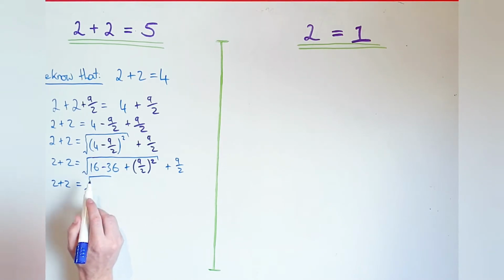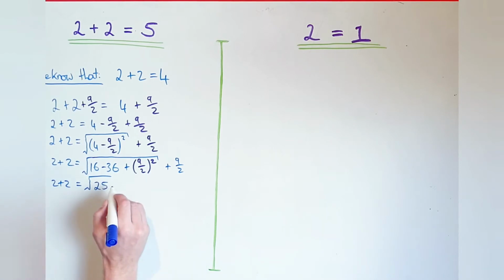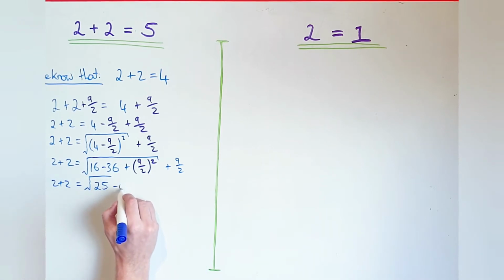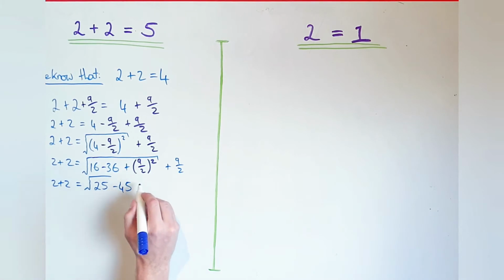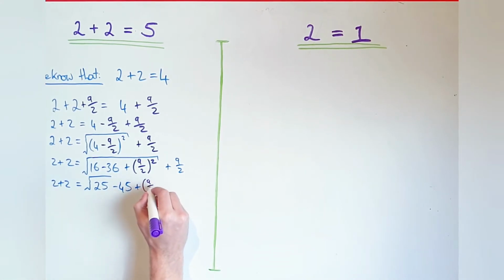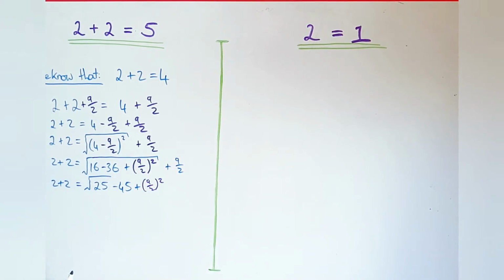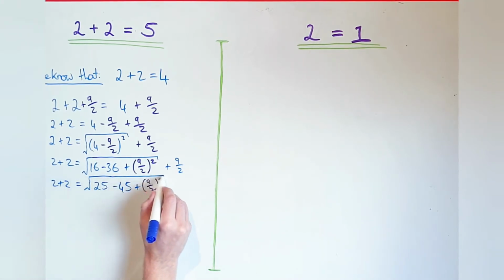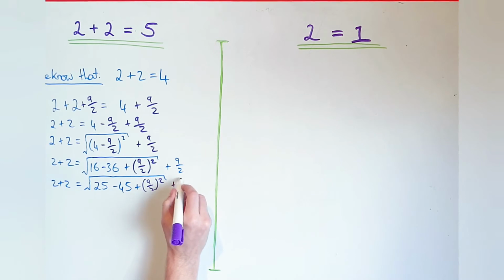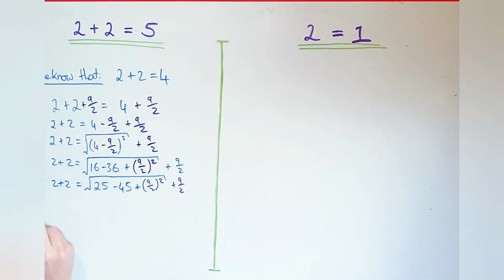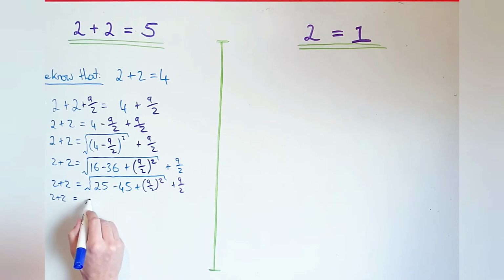What I'm going to write instead is 25 minus 45. And then we still have our 9 over 2 squared here. What this allows us to do then is the following. We're keeping it in the square root.